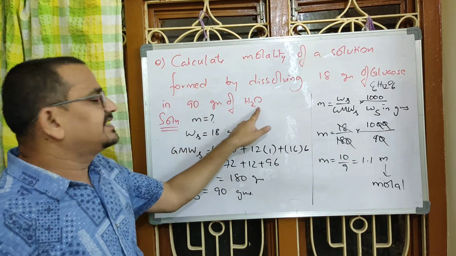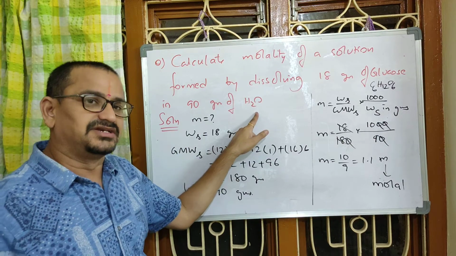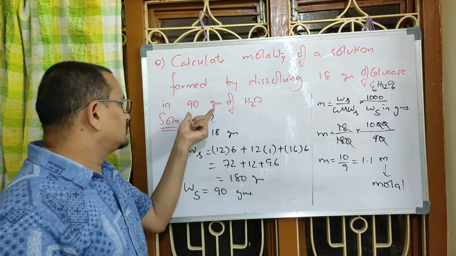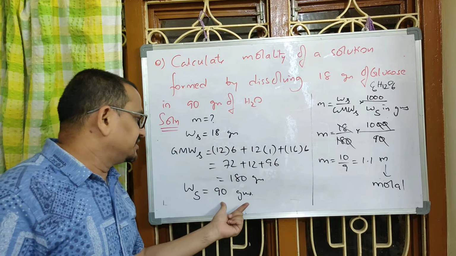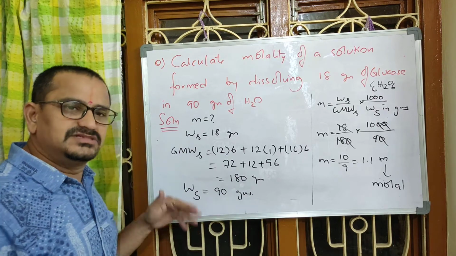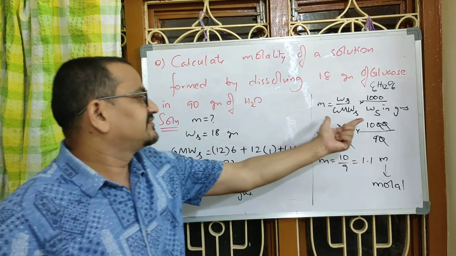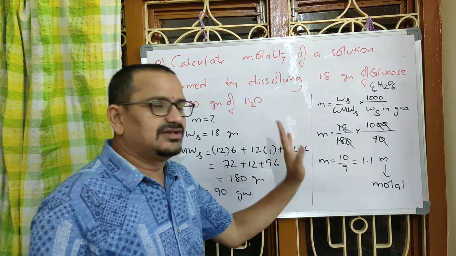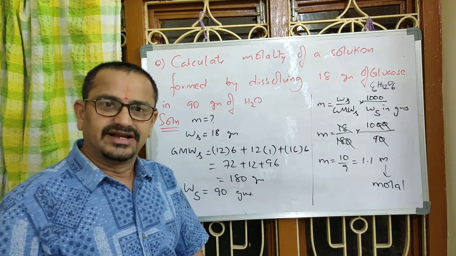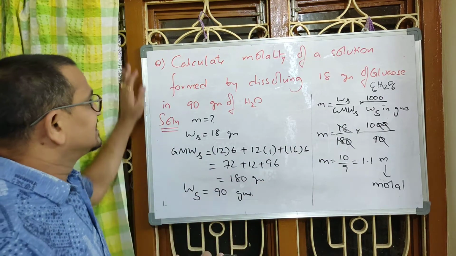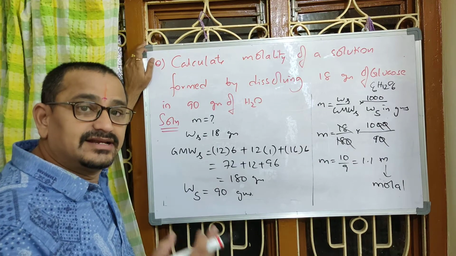Dissolved in 90 grams of water. Water is the solvent whose weight is 90 grams. So, what's the formula between them? Just now we discussed. This is the formula. Just by substituting the values, we will get the answer. Right? So, like this, let us discuss another numerical.